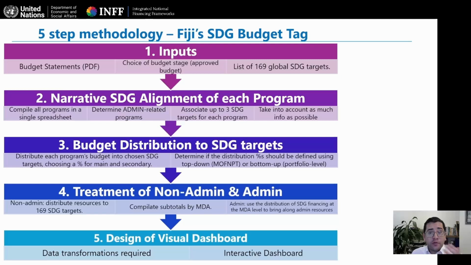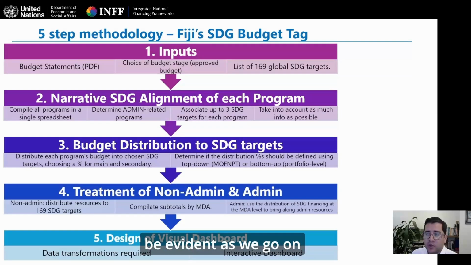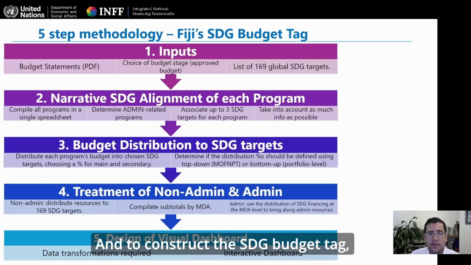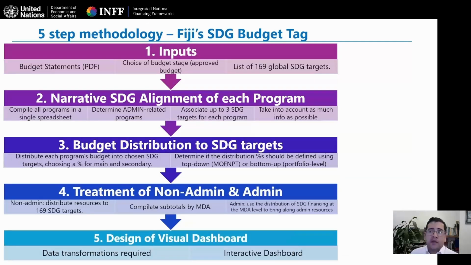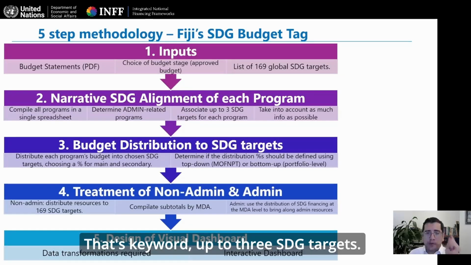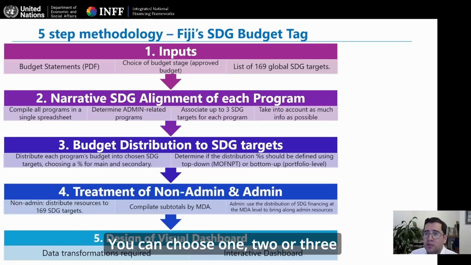The reason for that might be evident as we go on, but the more SDG targets you decide to allocate for a single budget line, the longer it will take you to go through the entire budget and to construct the SDG budget tag. So you want to limit, and that's the way we're going to proceed here. We're going to limit the exercise to up to 3 SDG targets. That's a keyword, up to 3 SDG targets. You can choose one, two, or three.